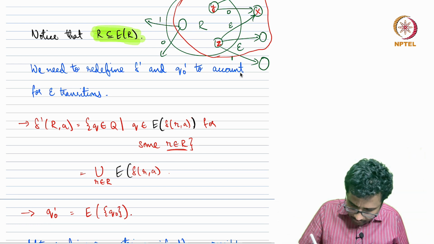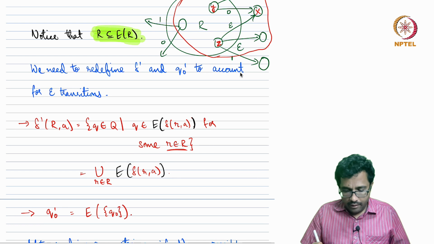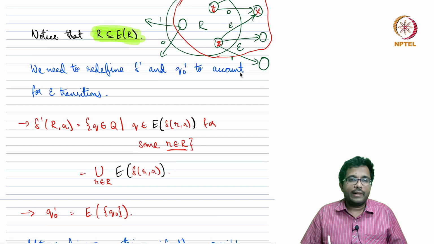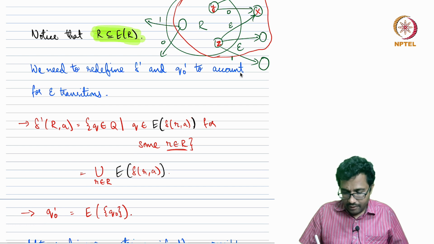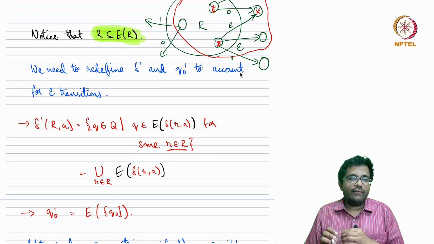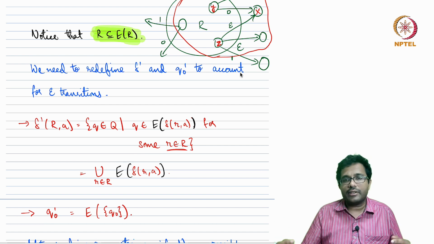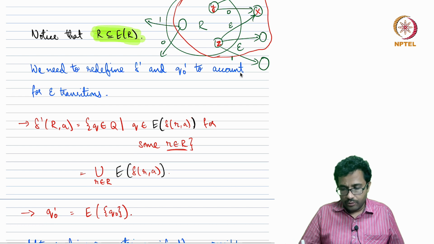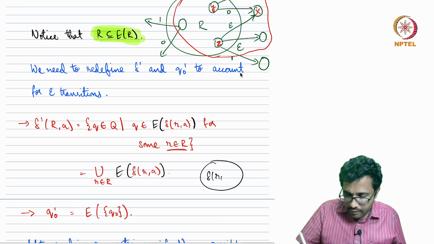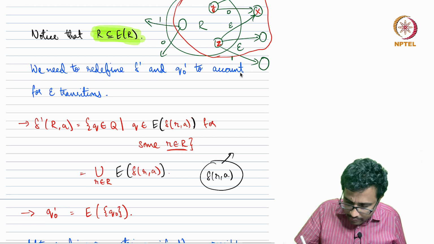Similarly, in the union definition earlier, I just had the union of all small r in capital R, delta rA. Now from whichever states that you can reach from small r using the transition A, we want to add the other states that you can reach after the transition by just using epsilons, right. So if this is a set of states, let's say delta rA, now let's see where all you can reach by just using epsilons.